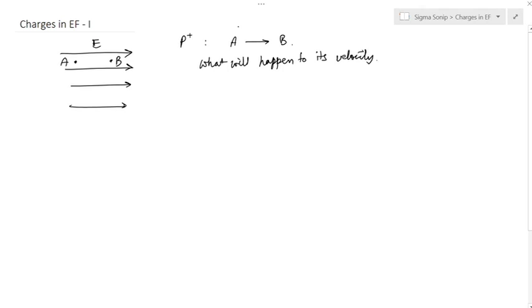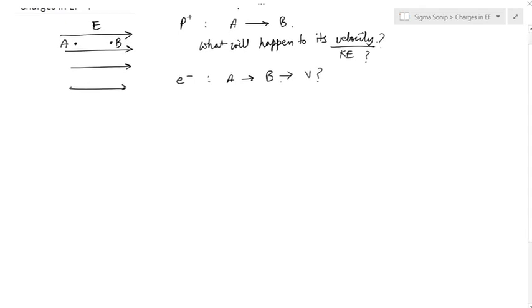And more specifically, or synonymously, we could also say what will happen to its kinetic energy. Or for example, we got an electron which moves from point A to B. Again, what will happen to its velocity or kinetic energy?